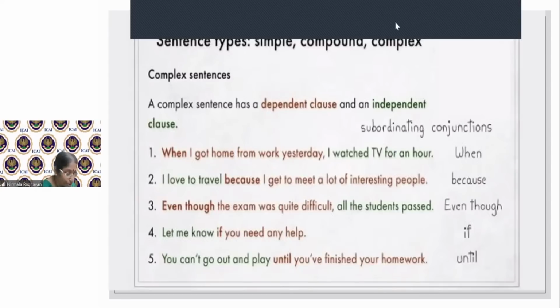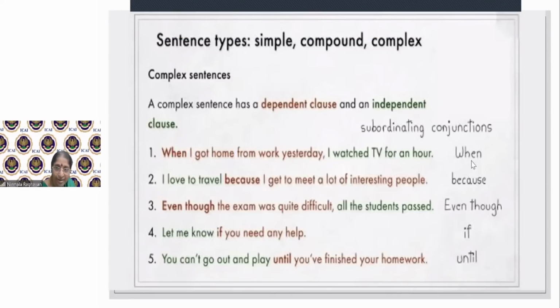Subordinating conjunctions we have given you separately so that you understand it even at the sight of it. You have here then, see, these are called subordinating conjunctions. When, because, even though, if, until. Yeah, which defines that as a dependent clause.